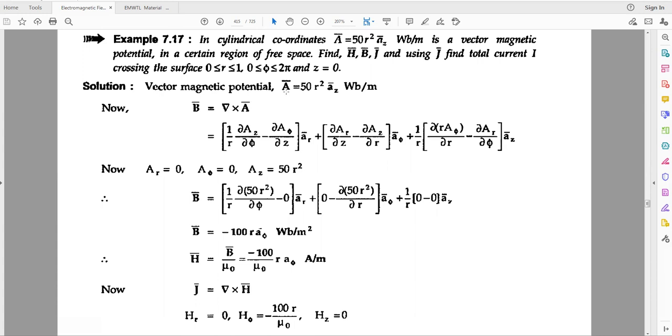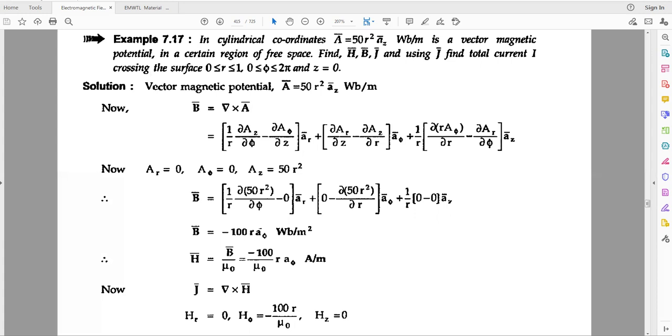A bar is equal to 55 R square AZ bar Weber per meter, a vector magnetic potential in a certain region of free space. Find H bar magnetic field, B bar magnetic flux density, J bar current density, and using J bar find the total current I also.